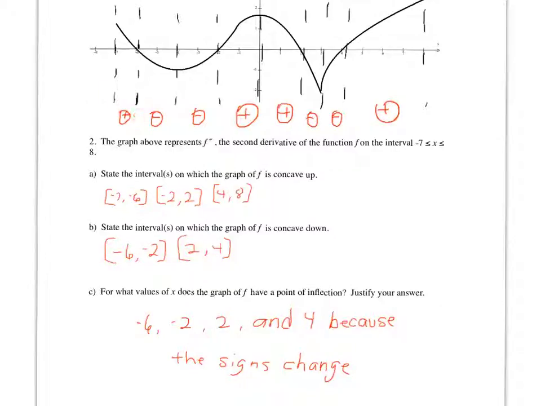It changes at -6 because right here it goes from positive to negative, at -2 from negative to positive, at 2 positive to negative, and at 4 from negative to positive. This occurs because the signs change, as I just said.